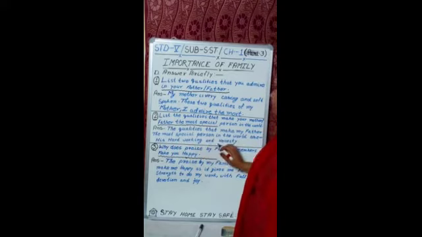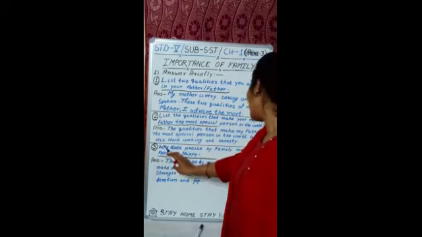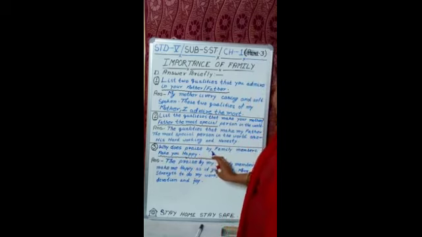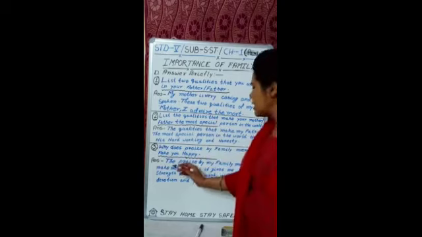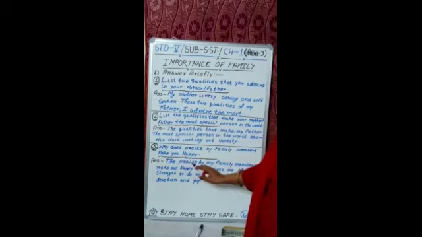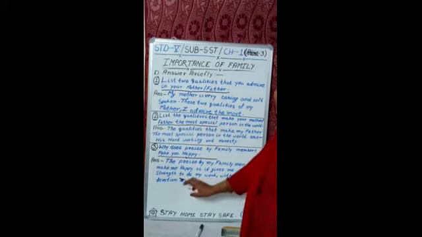So these 2 qualities make him a very special person in the world. Question number 3 is there. Why does praise by family members make you happy? So the answer is here, children. The praise by my family members makes me happy as it gives me more strength to do my work with full devotion and joy.